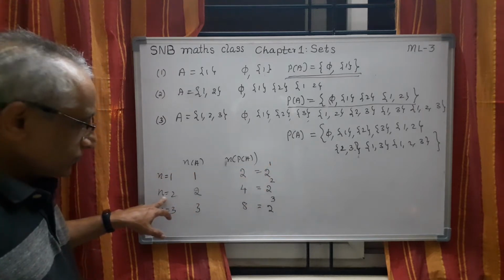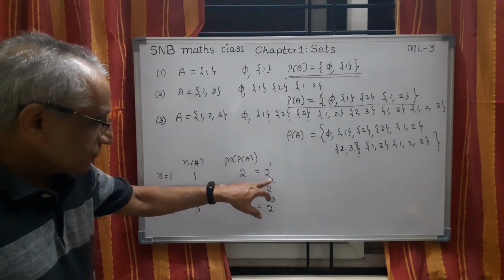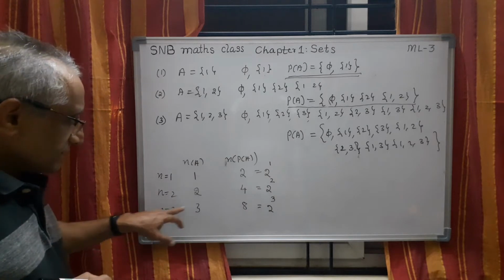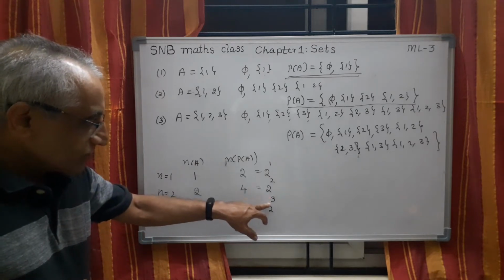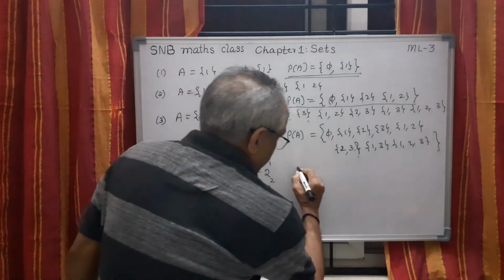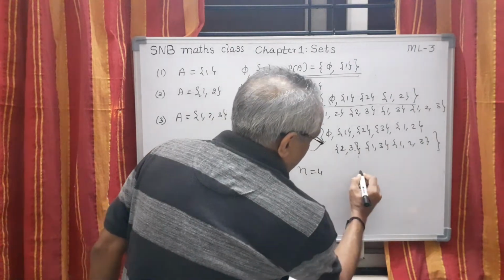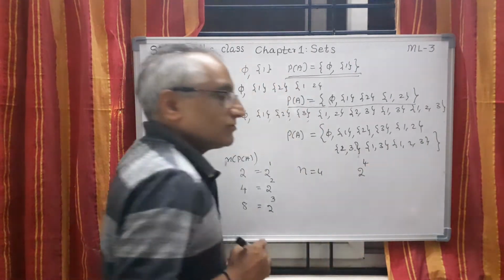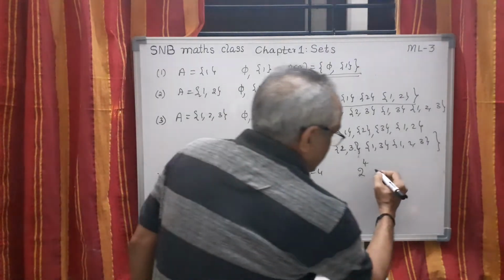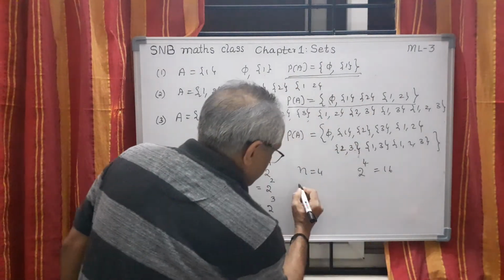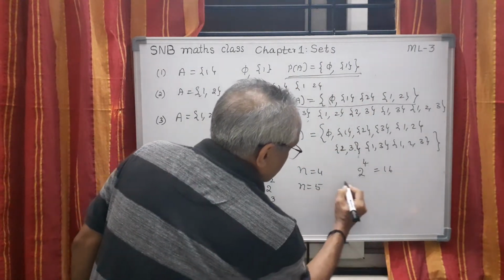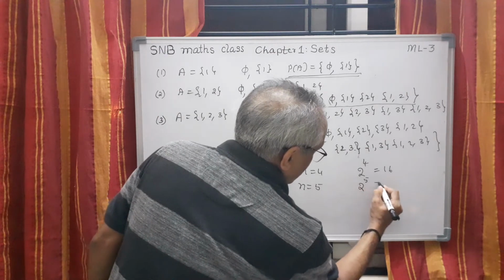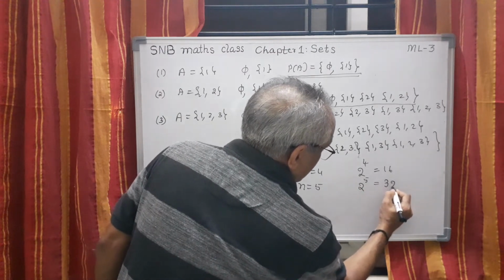When n is 2, 2 power 2. When n is 3, 2 power 3. Definitely, if n equal to 4, the power set should contain 2 power 4, that means 16 elements. Suppose n equal to 5, the power set should contain 2 power 5, that is 32 elements.